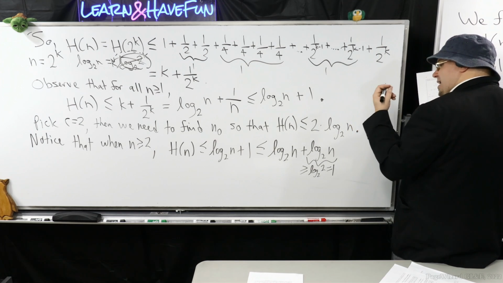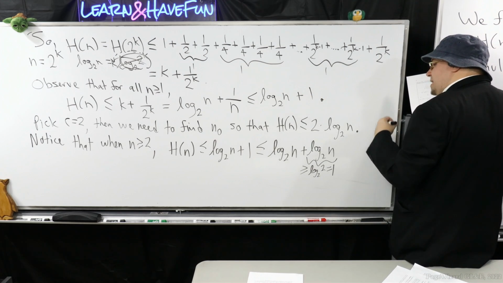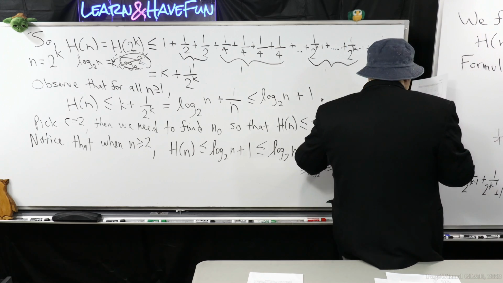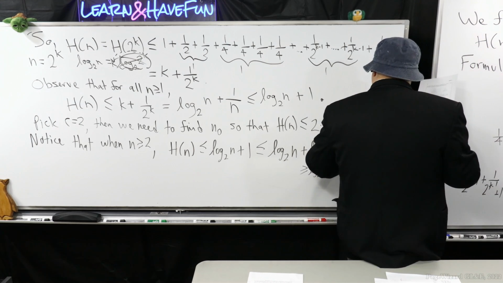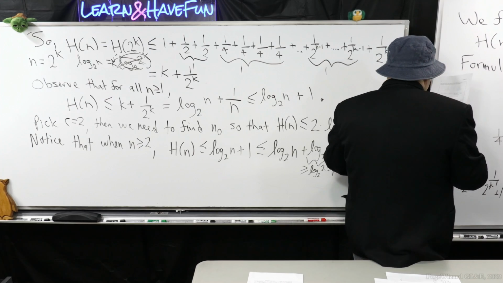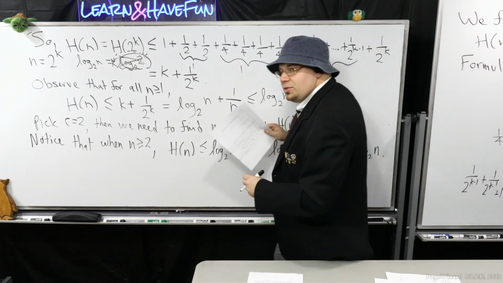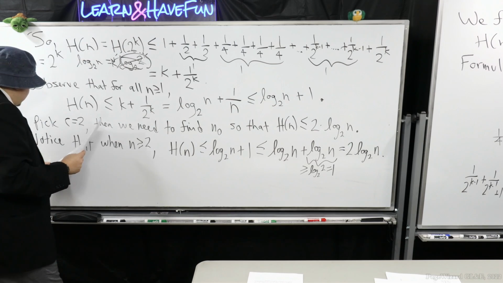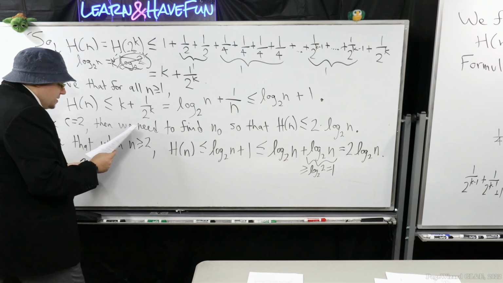In particular, it has to be the case when n is greater or equal to 2 because logarithms are increasing functions, right? Which this, in fact, is equal to 2 log base 2 of n, which is the right-hand side. So we just choose n0 to be equal to 2.